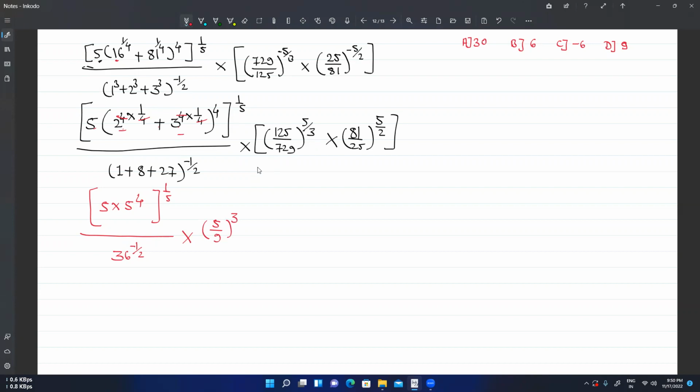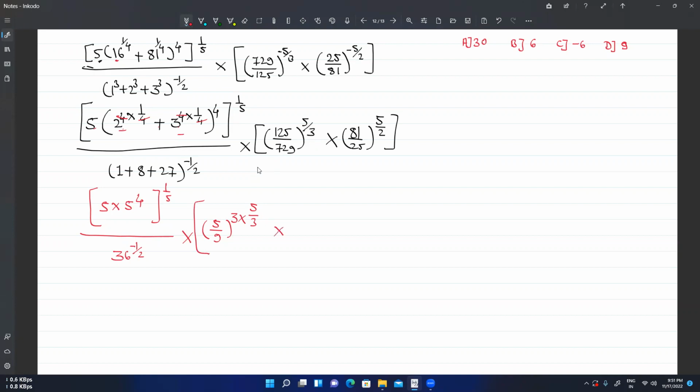So this bracket we wrote as this, and this index of 5 upon 3 we can write as times 5 upon 3.